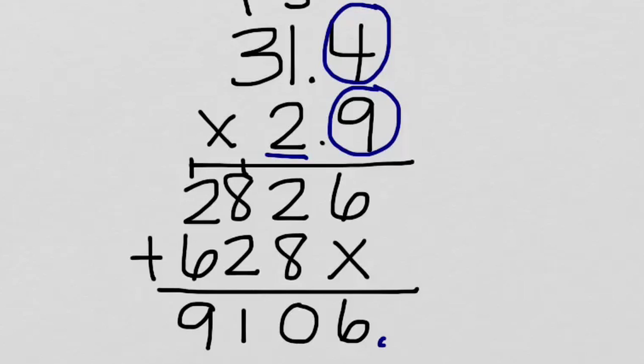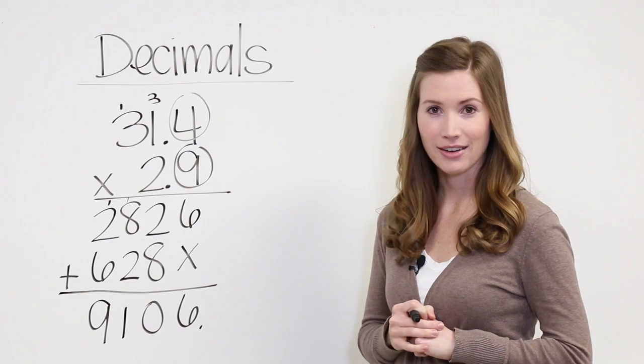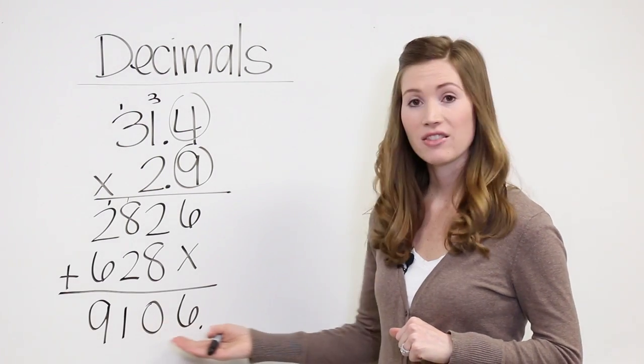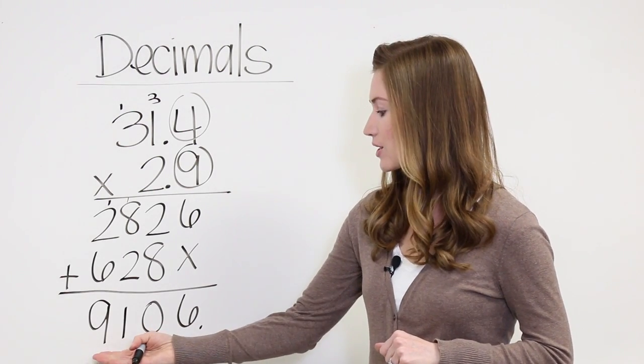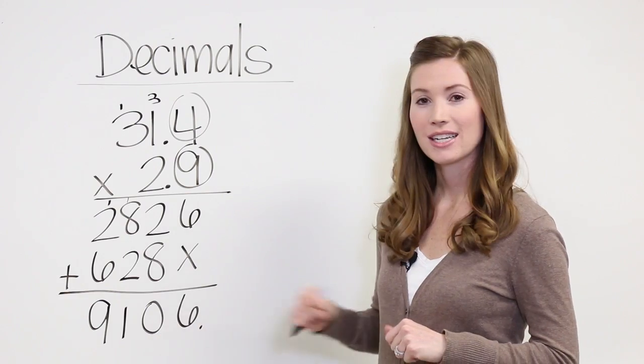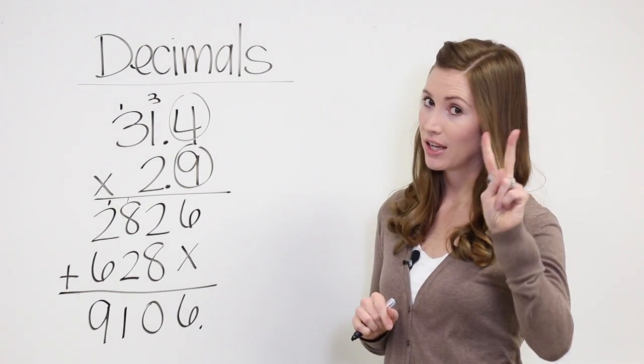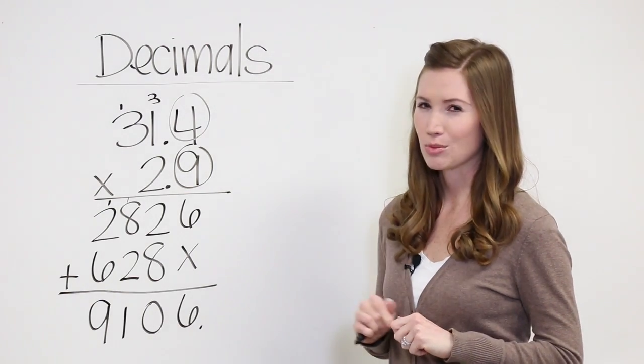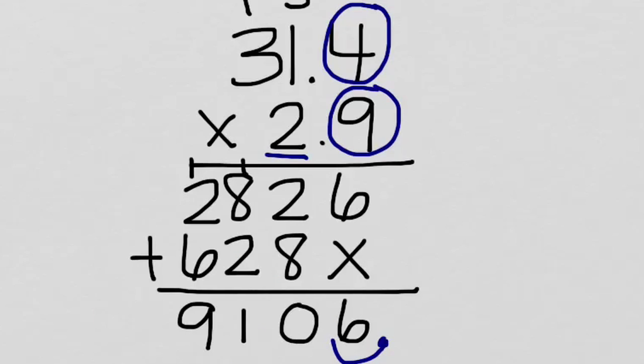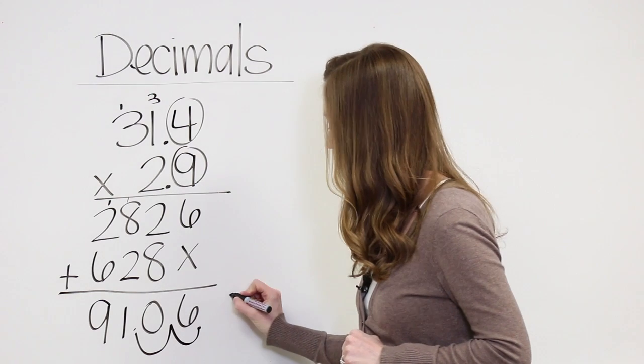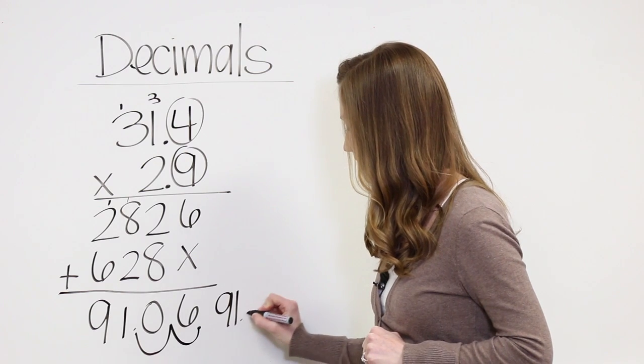Remember, our decimal point is all the way over to the right now, because that doesn't change the value. Right now our answer is 9,106, but we're going to move it 2 times, so our answer is more reasonable. 1, 2. I'll rewrite our final product, and then we'll read it together.